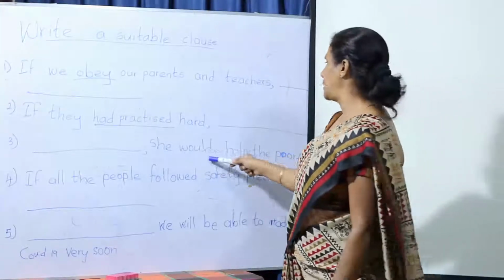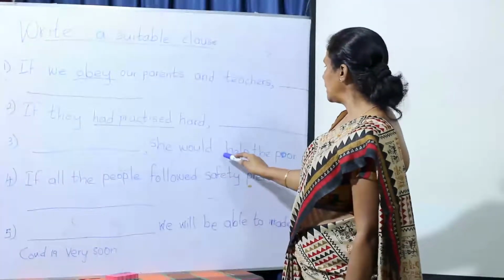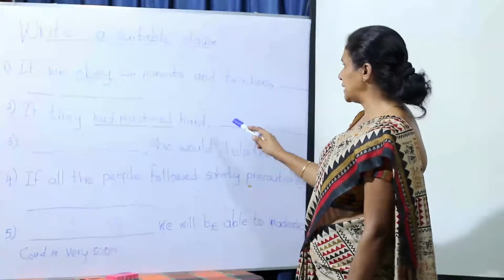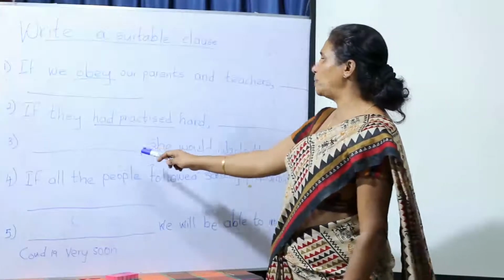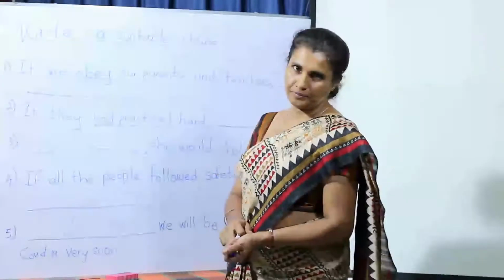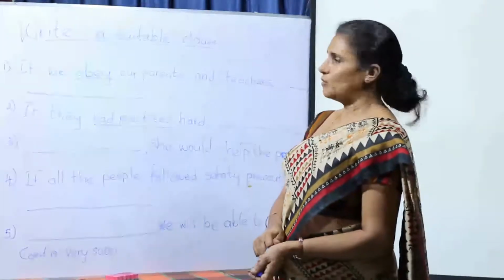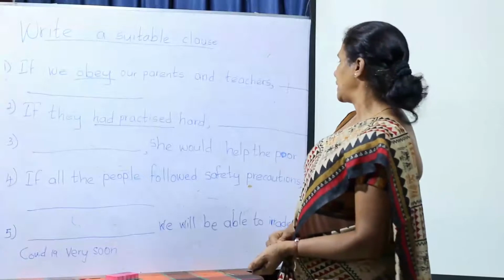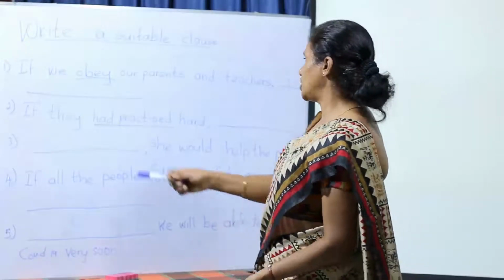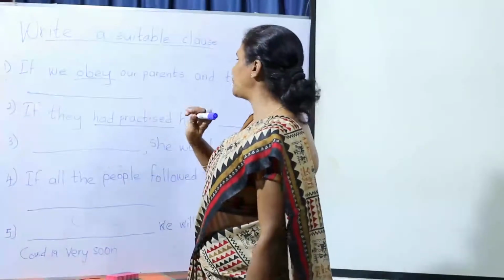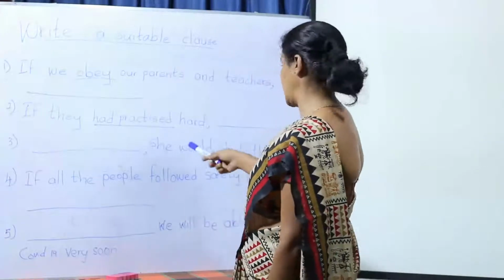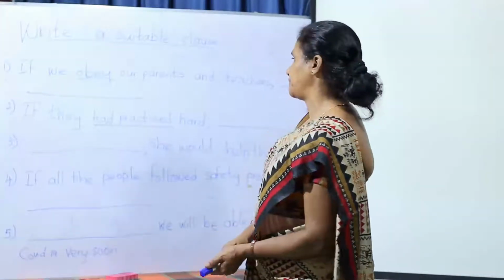She would help. So with would plus infinitive, it is clearly understood it should be if type 2. So the if clause should be written by us. What can we write? If she won a lottery, she would help the poor.